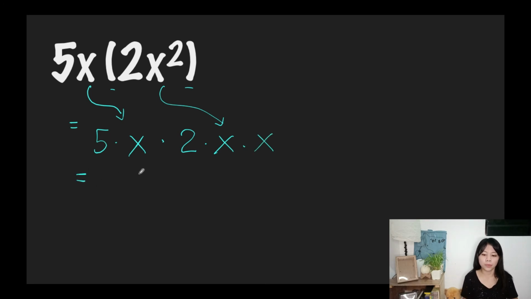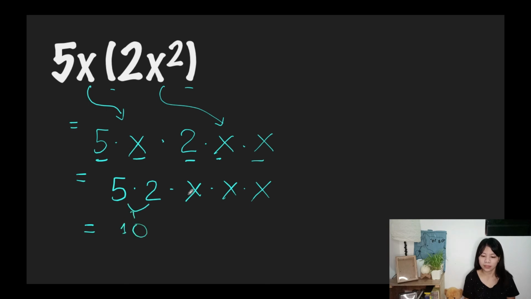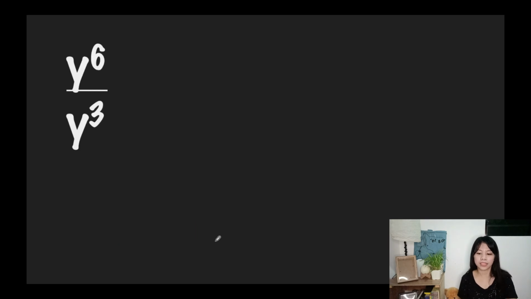So, ngayon, pwede mo po siyang i-write as pagsamahin mo yung dalawang constant terms, which are 5 at saka 2, or yung dalawang real numbers. 5 times 2, tapos pagsamahin mo lahat ng x times x times x. So, this will result to 5 times 2 is equal to 10. Tapos, x times x times x is equal to x cubed. So, this is the answer. Dali lang, no?